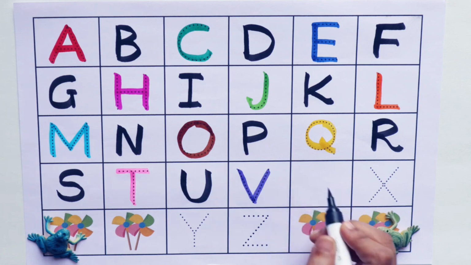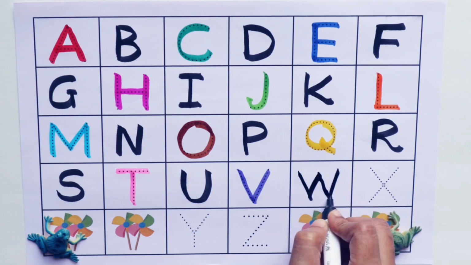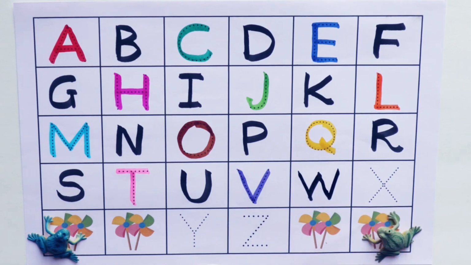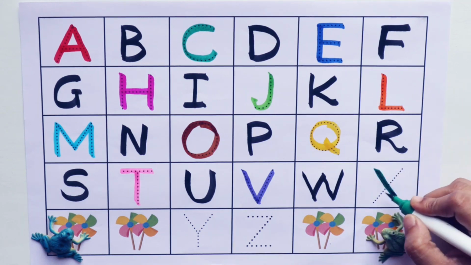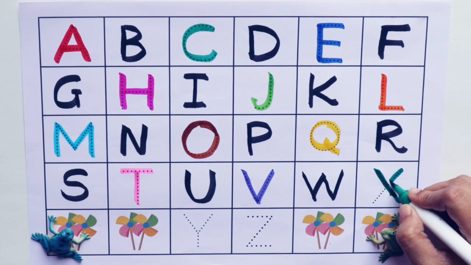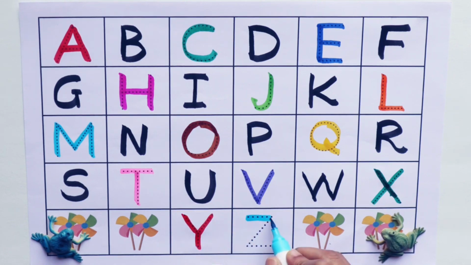Then W. W for watch. Then X. Y. And Z. Z for zebra.